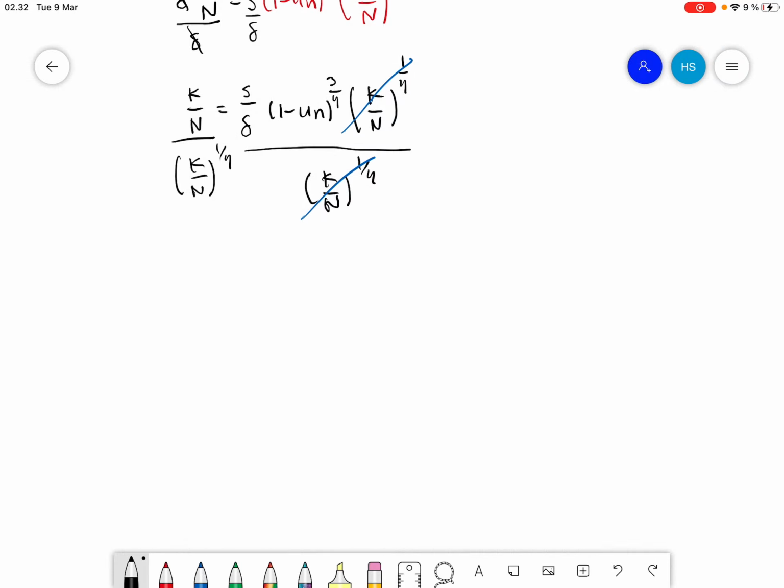So on the left hand side, I have K over N over K over N to the power of 1/4. That is the same as K over N to the power of 3/4.